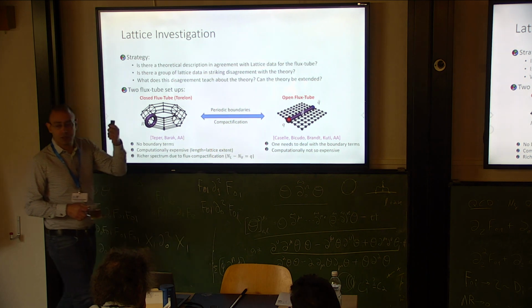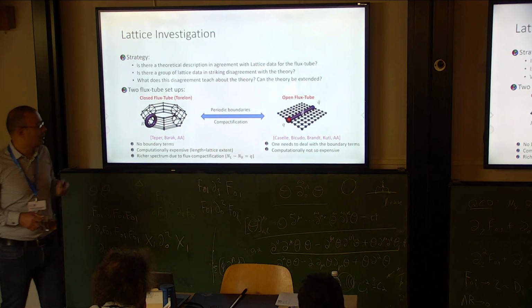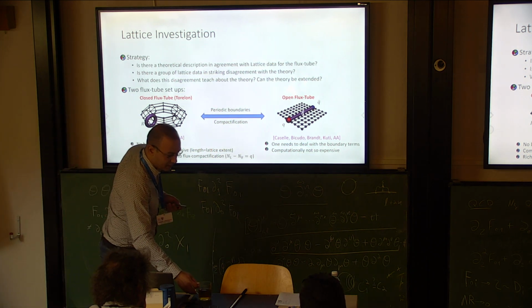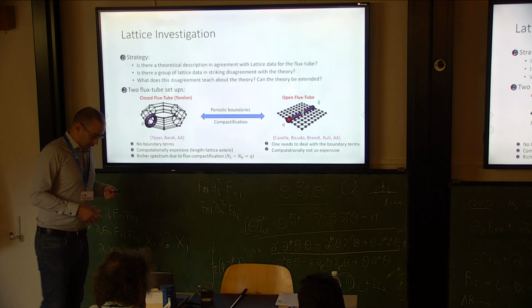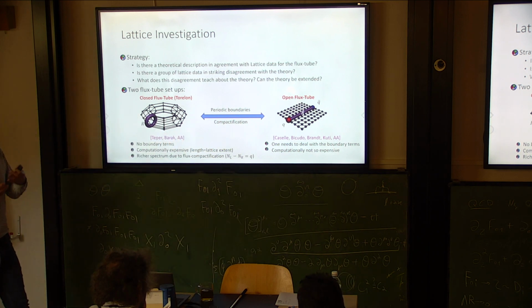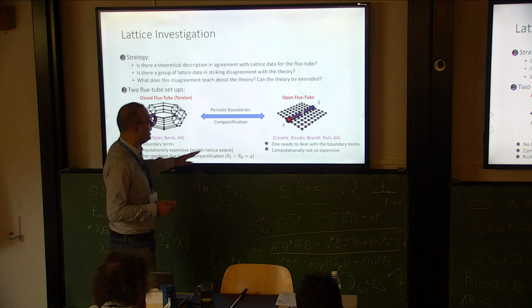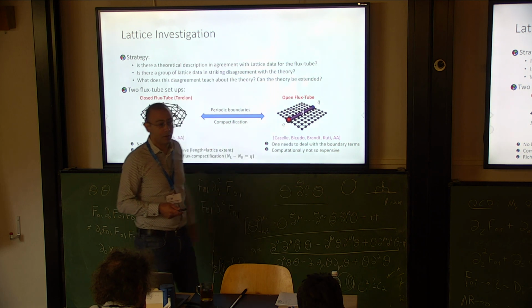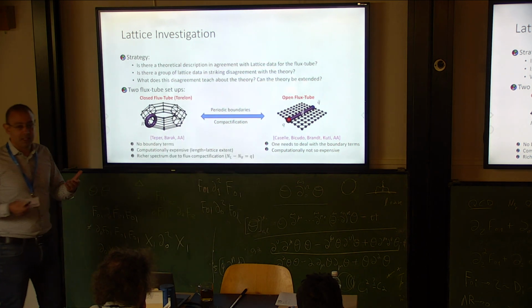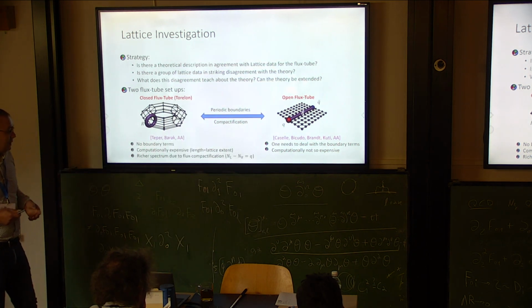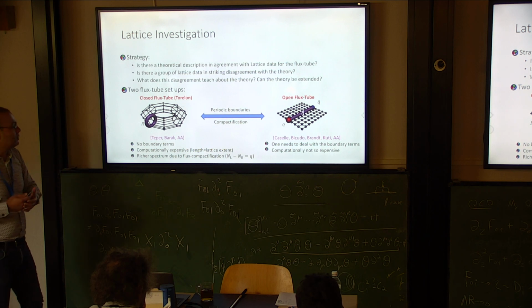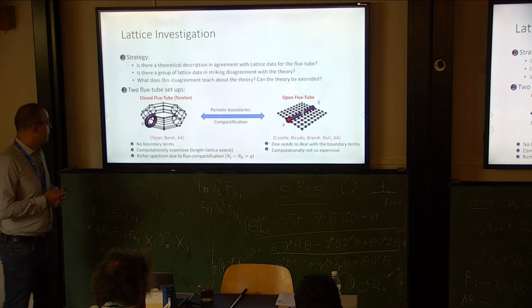However, the excitation spectrum is still under question, and we need to understand how that behaves. And there is no effective string theory capable of providing a good description for the open flux tube so far. So this is a question that should be addressed by the community, and especially, I think, by this collaboration.